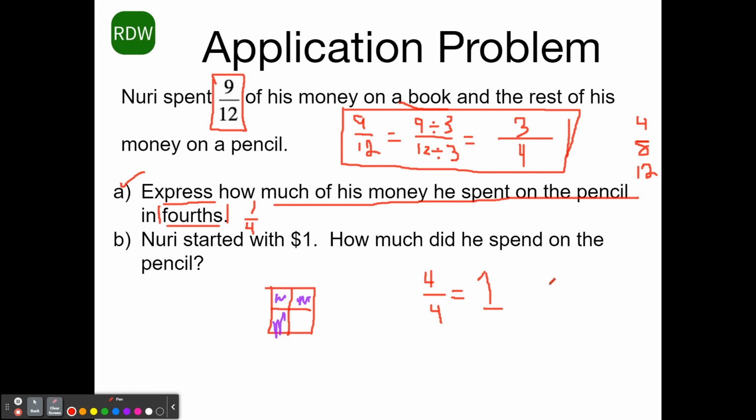Well, if I think about it in terms of money, I know that there's 100 cents in my dollar. How can I divide that by 4 to figure out 1/4 of my dollar?